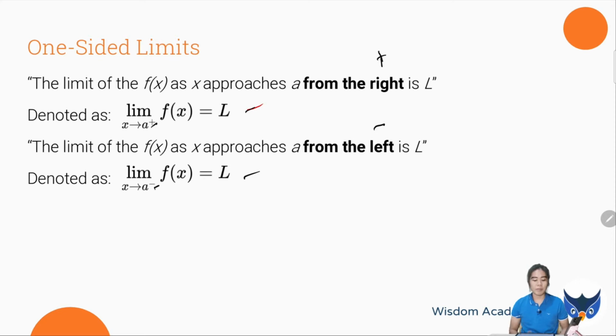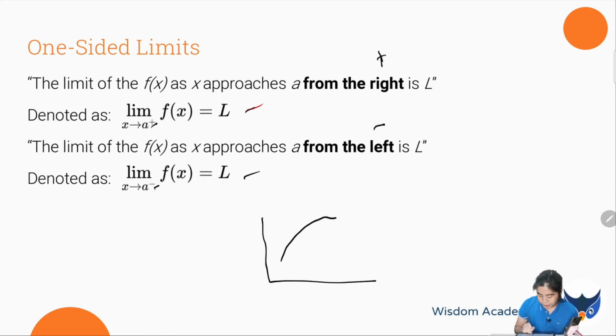So, ano ba ang pinagkaiba ng one-sided limits sa normal limits? So, let's say we have a function f of x as follows. And we want to find its limit as x approaches a. So, sa normal limits, titignan natin yung values near a as x approaches a both from the left and from the right.